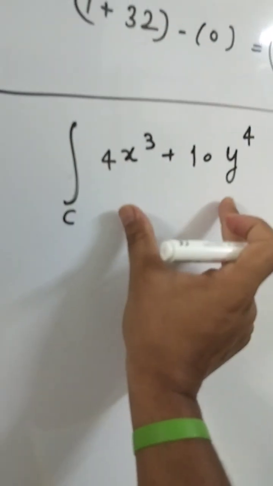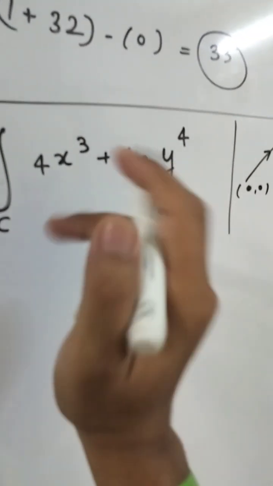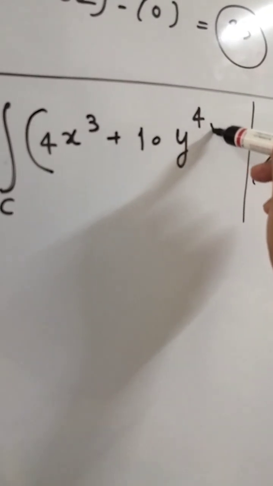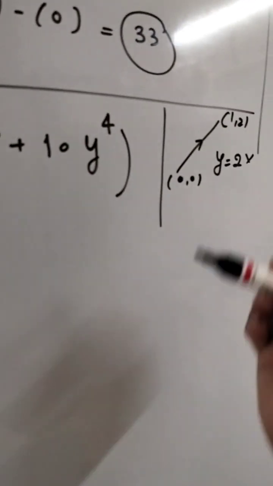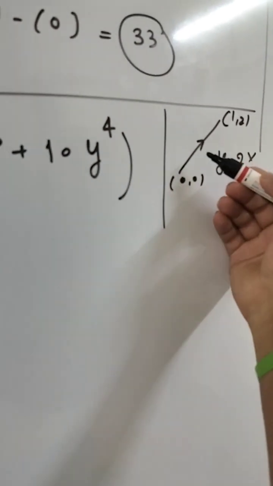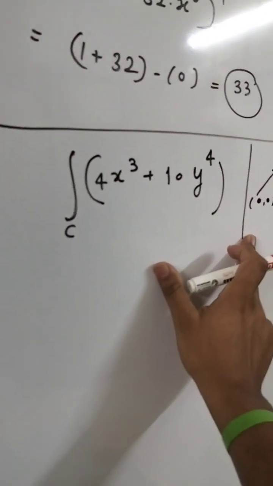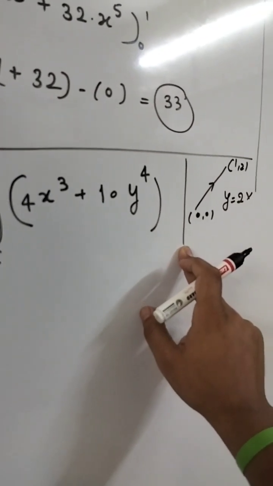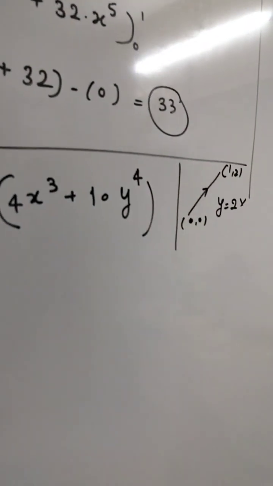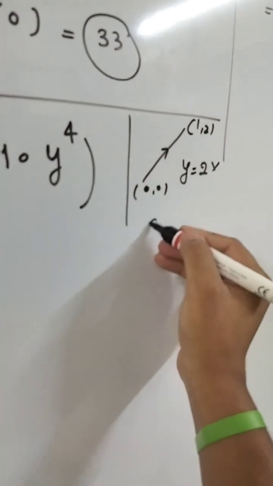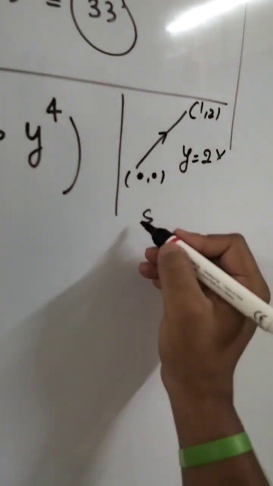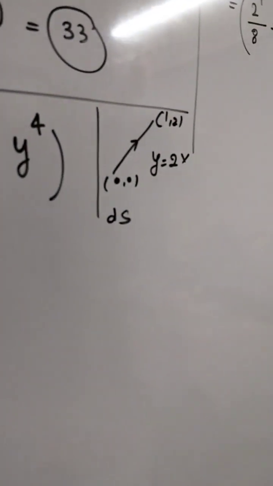And when we find an integration along a curve, if you remember in calculus, we need to find, if you have gone through GATE mathematics, you definitely will have gone through finding the length of the curve, which used to come like S. And we had the formulas to calculate the length of the curve, say ds.